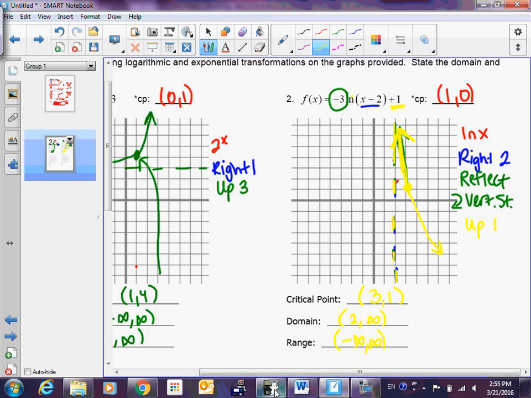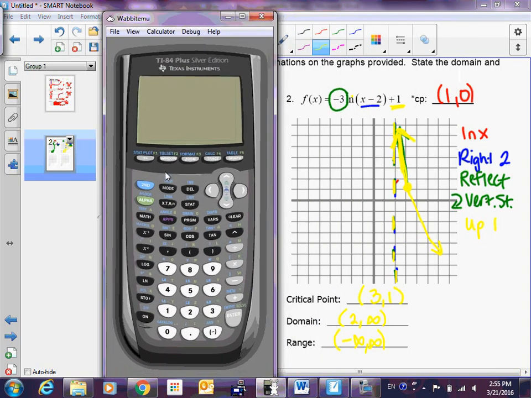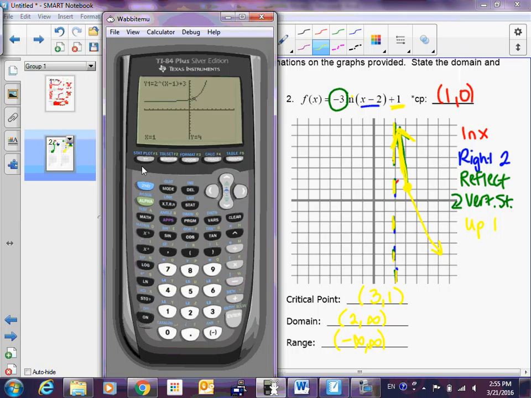And then we're just using the calculator here to check our work. This is all stuff we should be able to do without the calculator. You can just plug it in, check the work. Whoops, I did something wrong here.